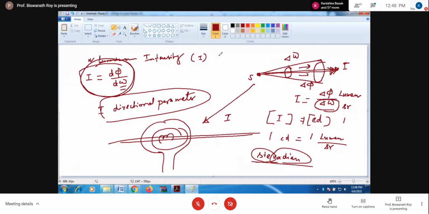According to the law, the illuminance at a point is proportional to intensity, right?